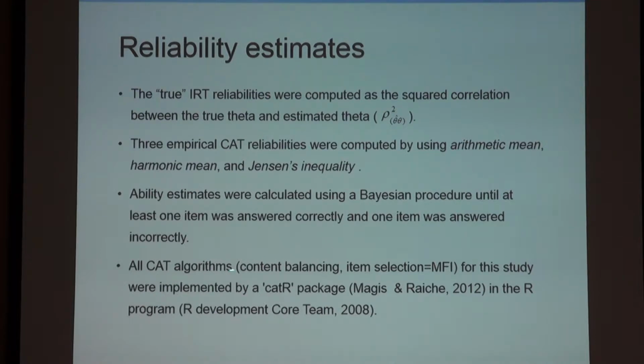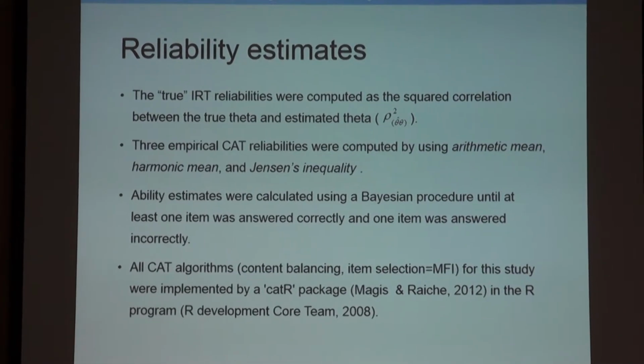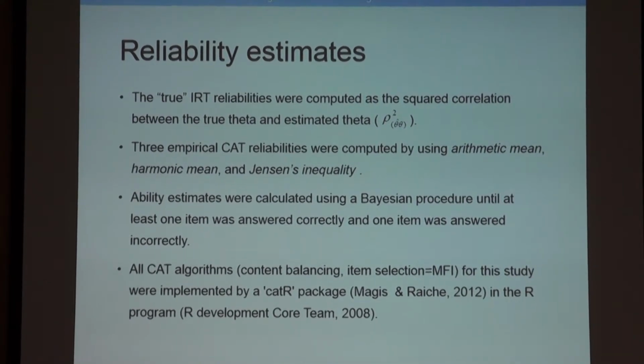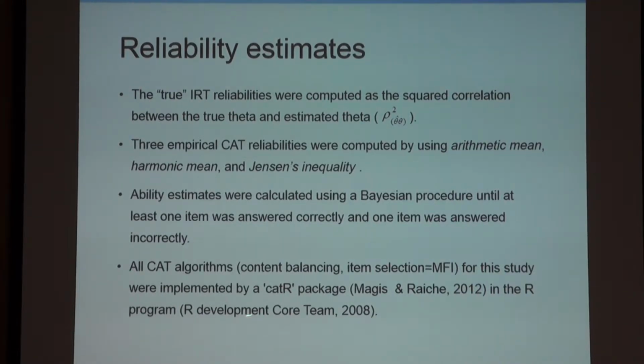The CAT algorithm, content balancing, and item selection are very basic, with random selection across five content areas. If you're interested, I already wrote this paper, and I will send it to you. These studies were implemented with the catR package in R.